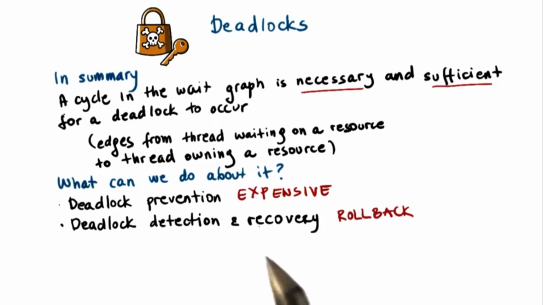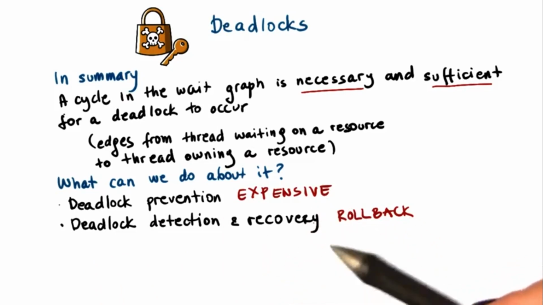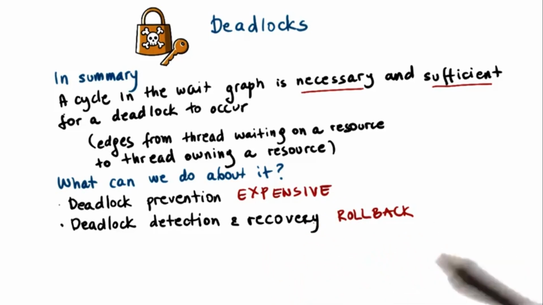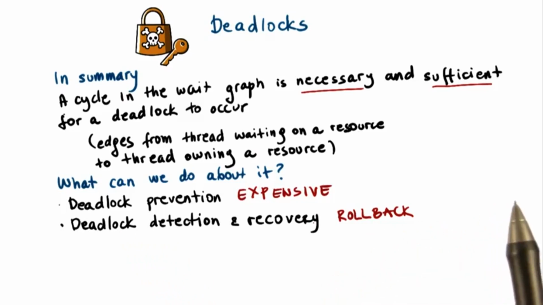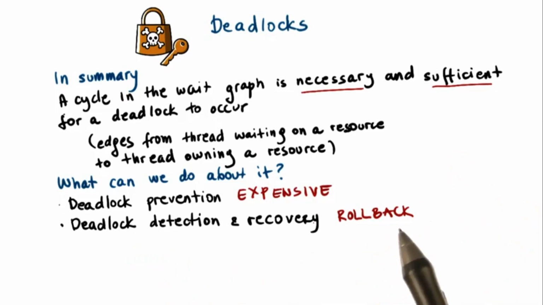This maybe isn't as bad as monitoring and analyzing every single lock request to see whether it will cause future deadlocks, but it's still expensive in that it requires us to have the ability to roll back the execution so that we can recover. And the only way that can be possible is if we have maintained enough state during the execution so that we can figure out how to recover. And in some cases, these rollback mechanisms are essentially impossible to perform. If we have inputs and outputs that came from external sources, we don't have ways to roll back their execution.